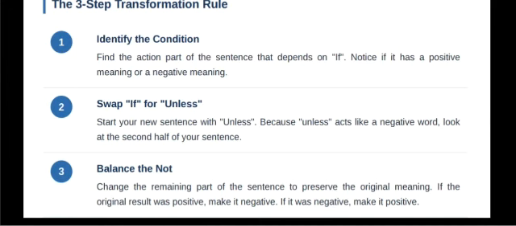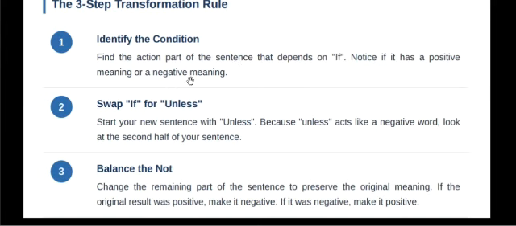Basically, you are finding the action part of the sentence that depends on if. After finding it, you need to notice if it has a positive meaning or a negative meaning. Take note of that point. That is the first step.